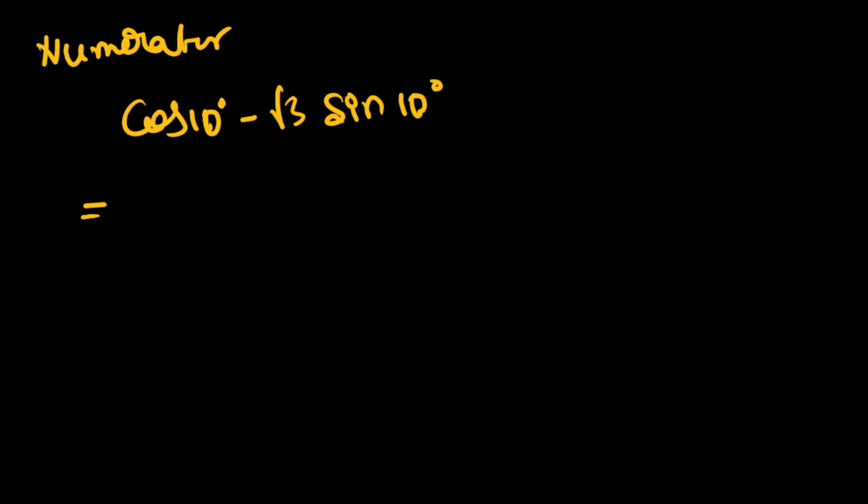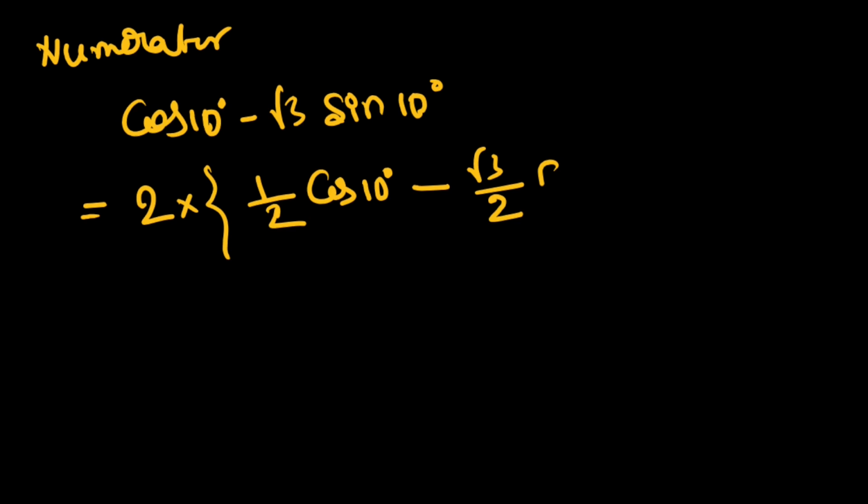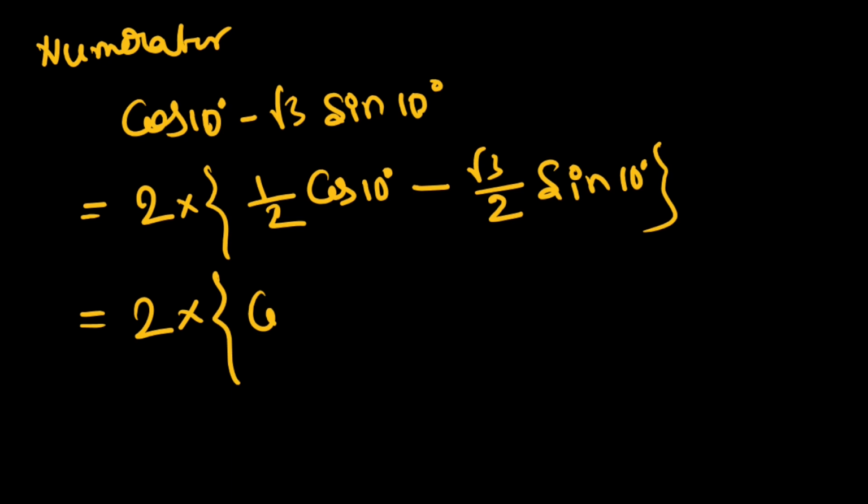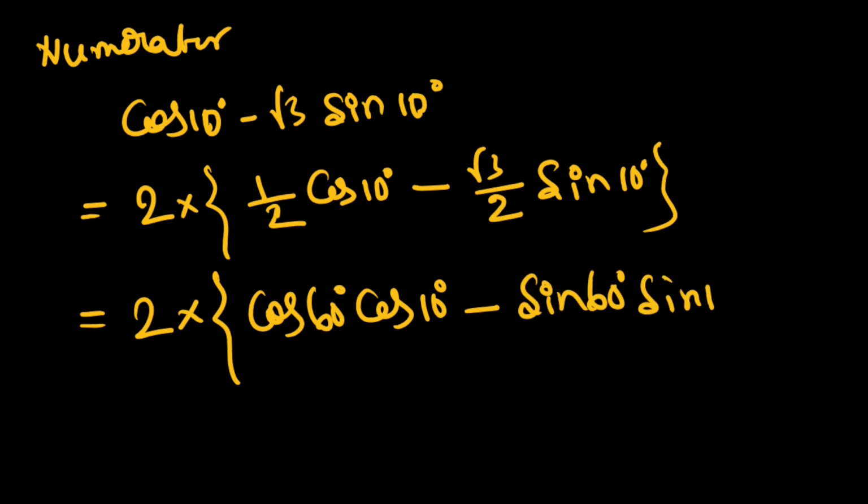Now we adjust a 2 here, so that it is half cos 10 degree minus root 3 by 2 sine 10 degree. Actually, we want to use the cos of a plus b formula. So how to use it here? Half means cos 60 degree with cos 10 degree as usual, and root 3 by 2 means sine 60 degree with sine 10 degree.